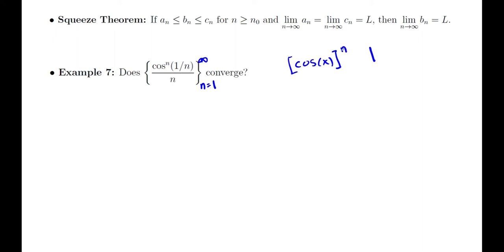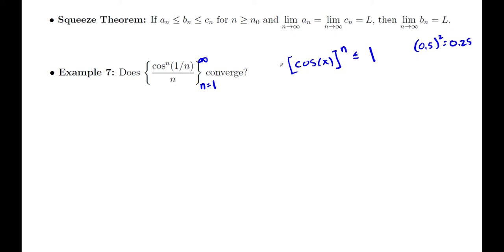And raising something that is between -1 and 1 to a power will never get above 1, right? Just think about things like this. What happens when you take 0.5 to the second power? You get 0.25. You get a number that's smaller, right? Squaring things or cubing things or raising things to the fourth, when that number is smaller than 1, gets smaller, not bigger. So I can actually say that this is always less than or equal to 1.